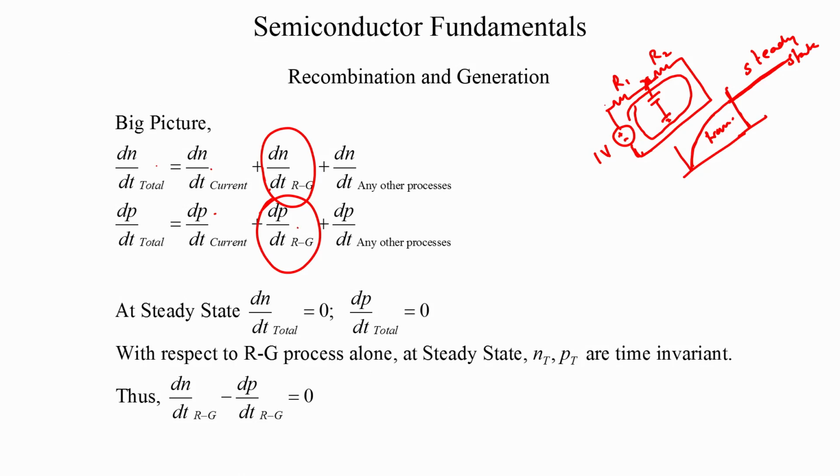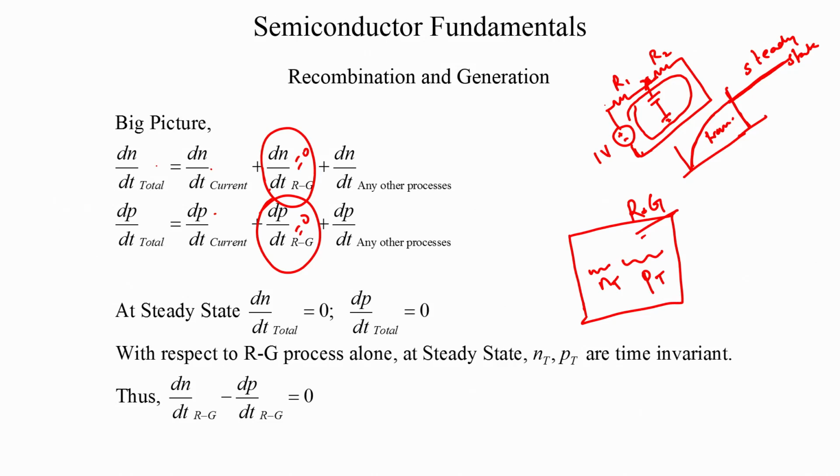So, which means that these parameters are not 0, but there should be something within the perspective of the RG process that has achieved steady state condition, and that is basically your count of the trap states that are occupied or the count of the trap states that are unoccupied. So, these could be assumed to be fixed, they are time invariant at steady state within the study of your RG mechanisms.